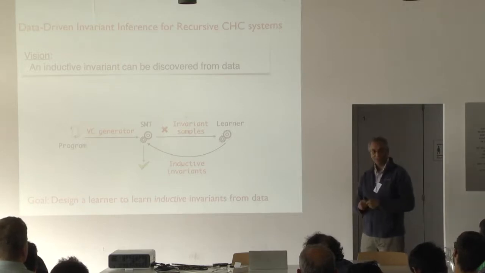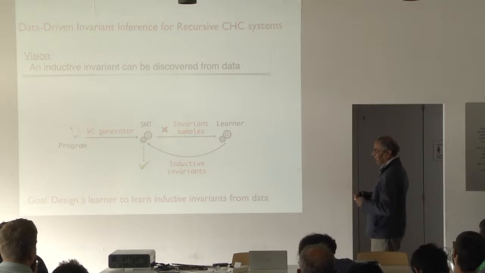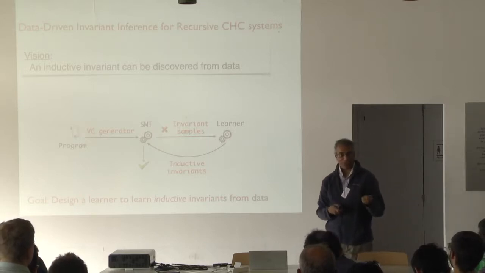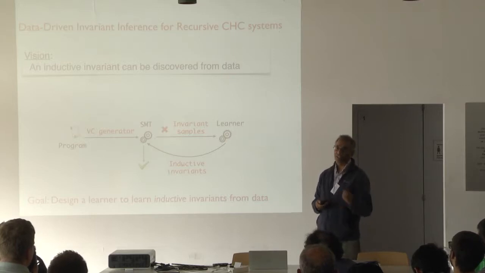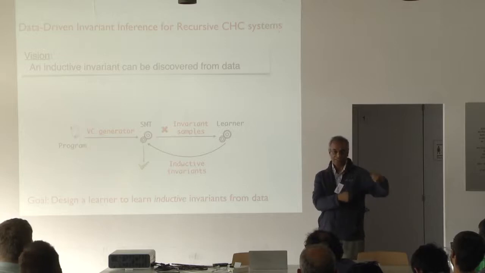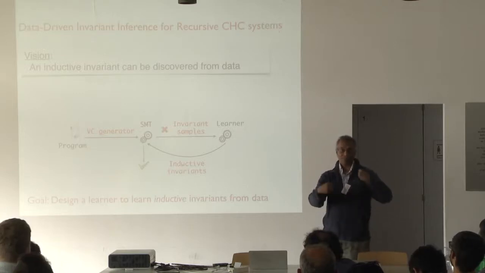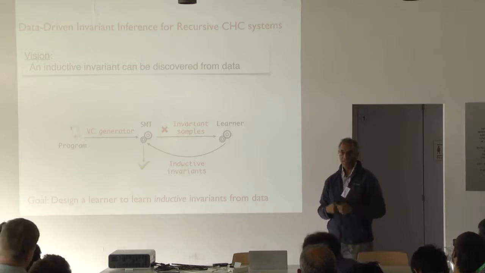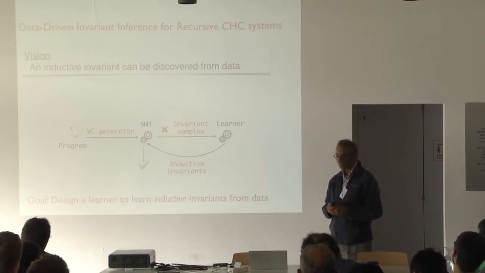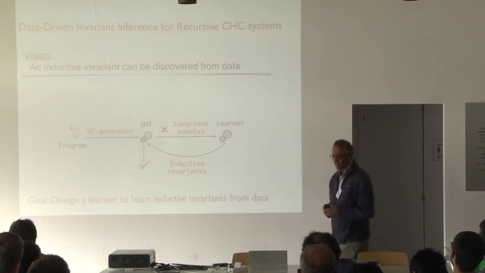Produce samples, learn from these samples, build this classifier, and make sure that the specifications that you produce are in fact inductive invariants. That is, they satisfy the semantics of the C program that we're given. It falls under the transition system that defines the meaning of what we mean by a program execution.